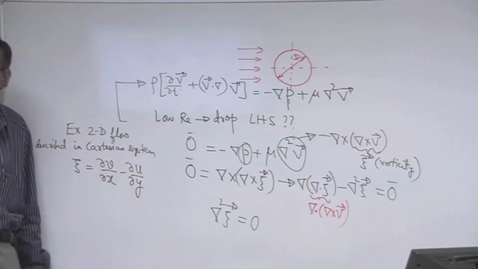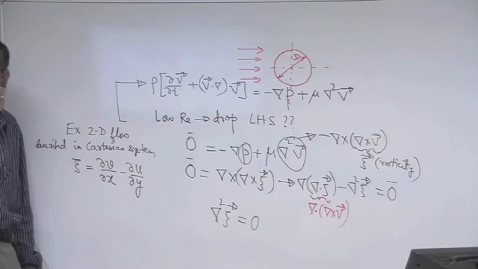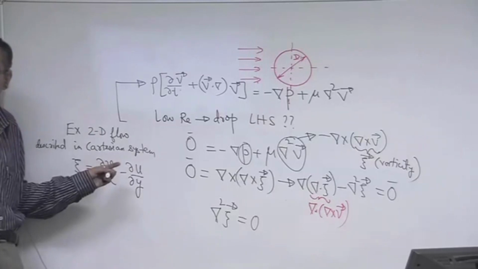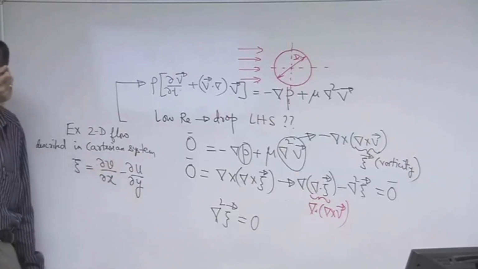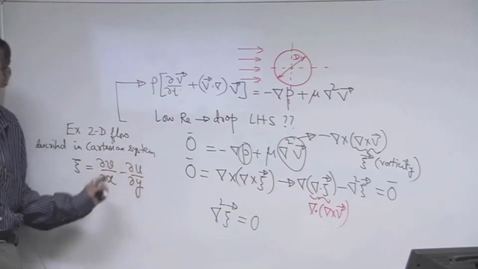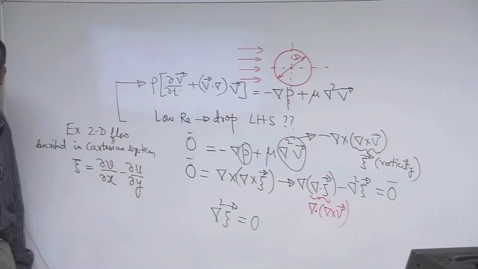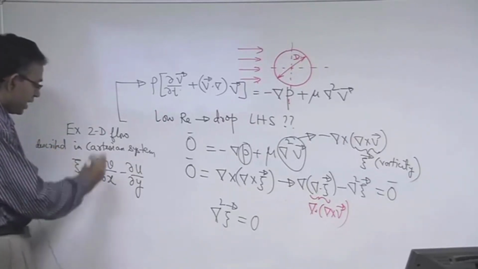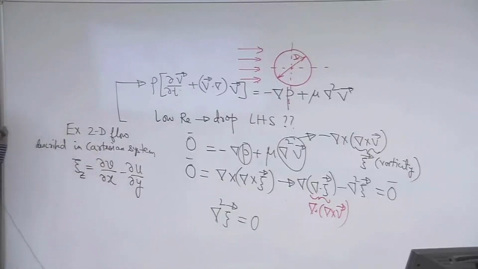So, for a 2D flow the vorticity vector has an effect which is perpendicular, the unit vector is perpendicular to the plane of the flow, and the magnitude of the vorticity is this one. Okay. Now, so this is zeta with respect to z axis, the vorticity.